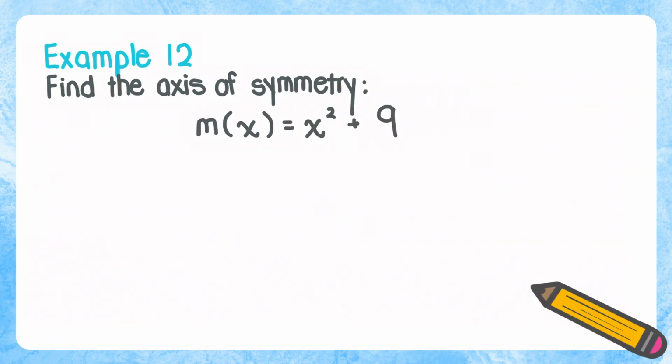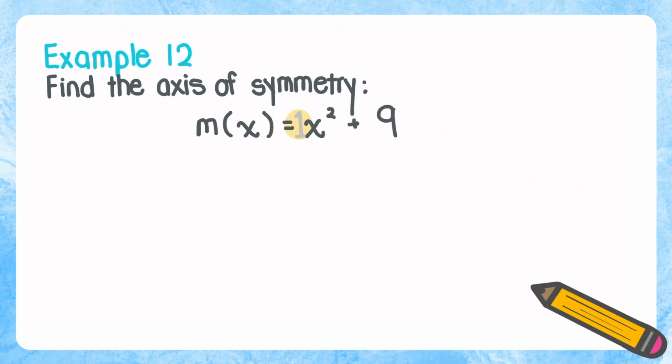Let's try one last example together. Notice here we have m of x equals x squared plus 9. Is there something missing here? Could there be a missing linear term? Well, let's see. So a is invisible, but it's still there.